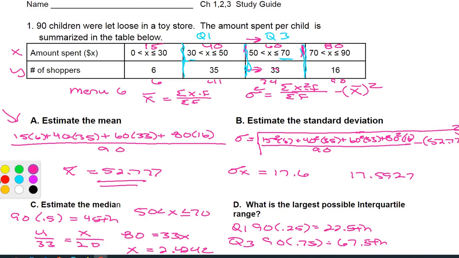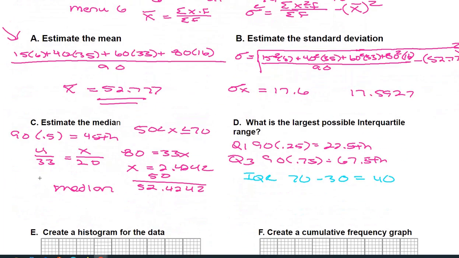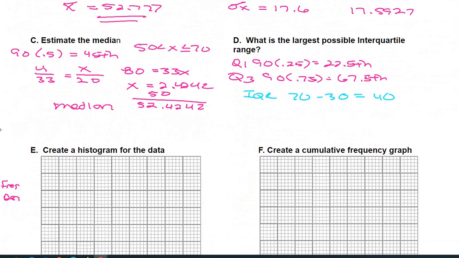All right, so let's see. I'm going to put it down here. Okay, so frequency density: 6 divided by 30 is 0.2.